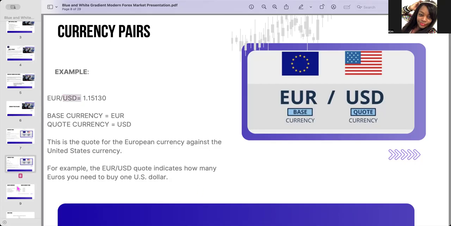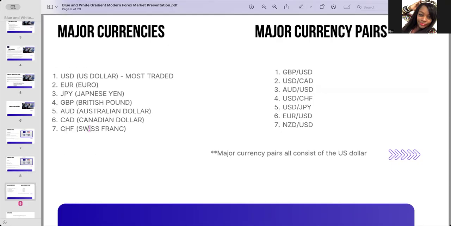All right. So I'm going to assume that everybody understands that. So we're going to look at the major currencies, which are the US dollar, which is the most traded, the euro, the Japanese yen, the British pound, the Australian dollar, the Canadian dollar, and the Swiss franc.